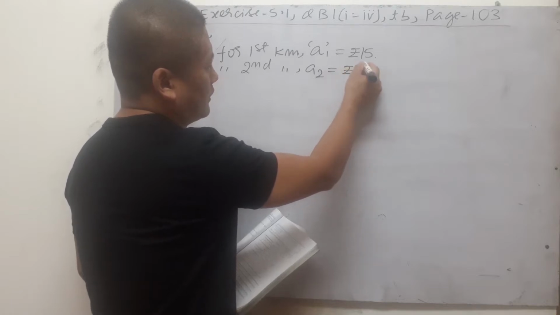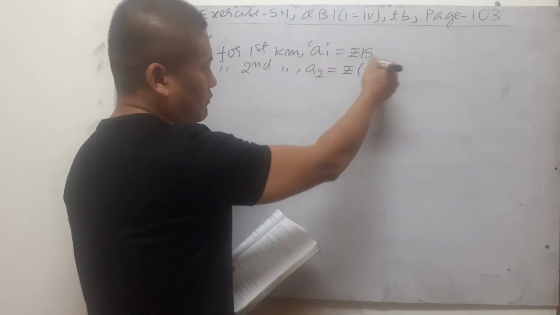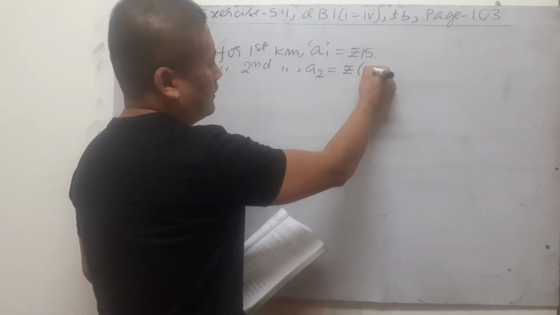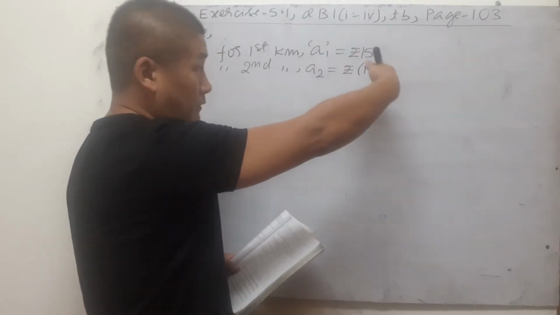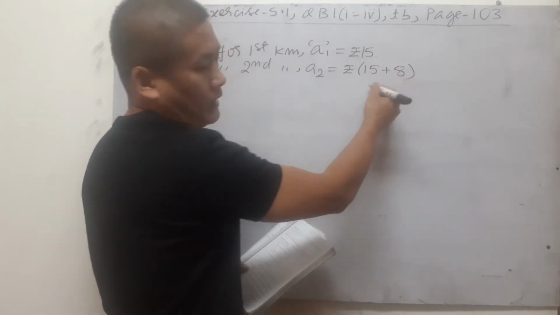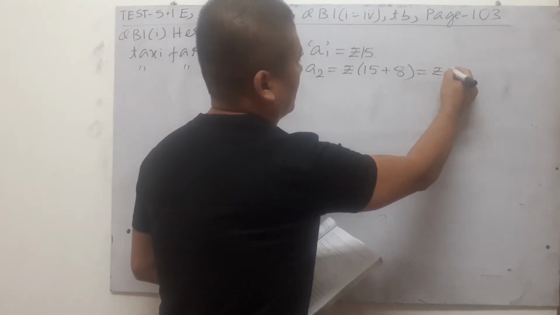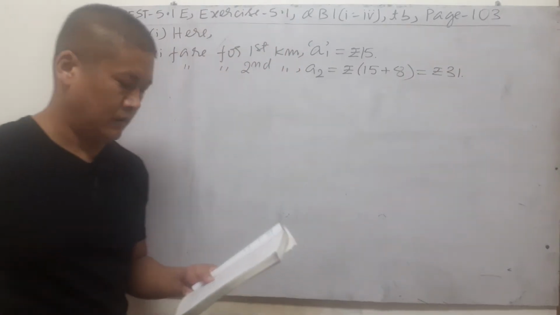For each additional kilometer after the first, which is 15, the next 1 kilometer added is the first kilometer plus the additional 1, rupees 8. So 15 plus 8, which is equal to rupees 23, right?